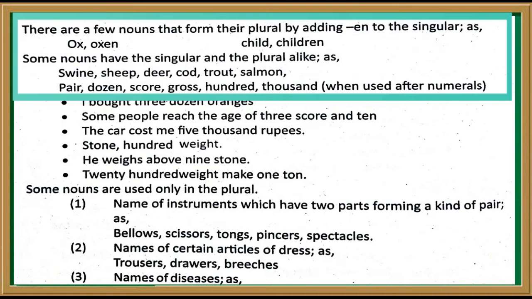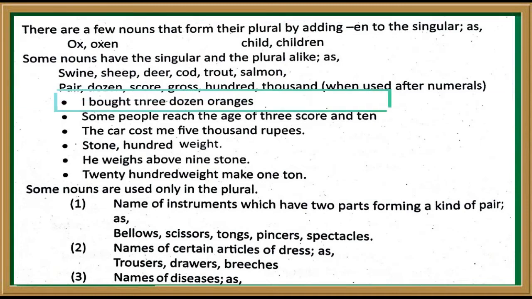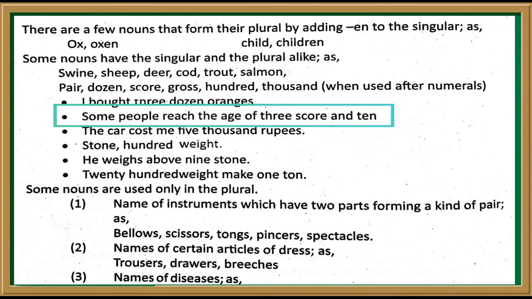But once these words come after numerals, we can't use their plural form then. I bought 3 dozen oranges. Numerals are there, so we are not supposed to say I bought 3 dozens. Dozens will be wrong because numerals are already there. Some people reach the age of 70, etc.